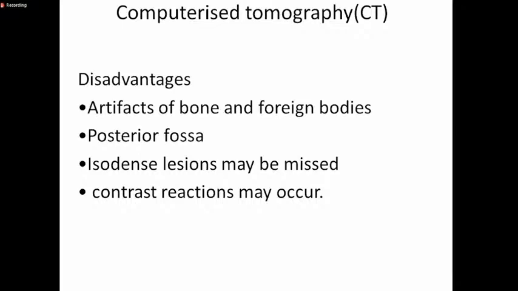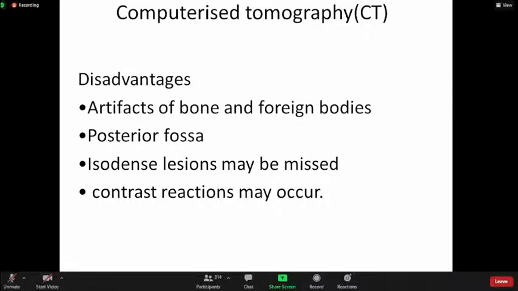Some disadvantages, though not major ones: you may get artifacts from bone or even foreign bodies if they're there. The scanners we have today have no issues with the posterior fossa and still get very good images.